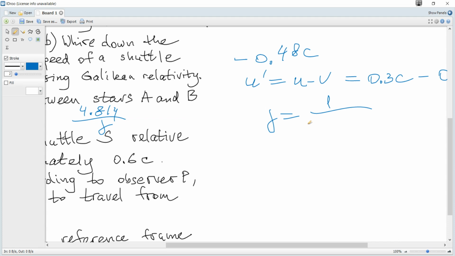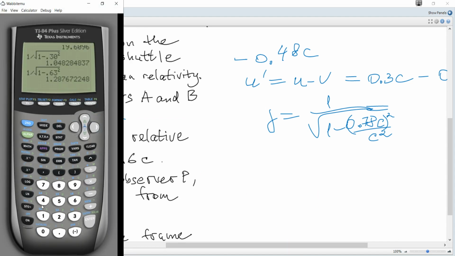It's 1 over the root of 1 minus 0.78 c squared over c squared, and you can see that it's approximately 1.6.